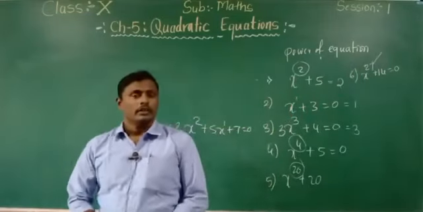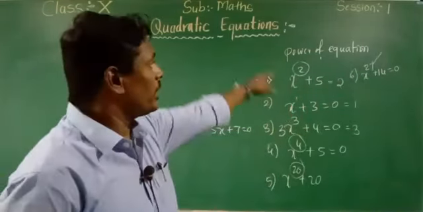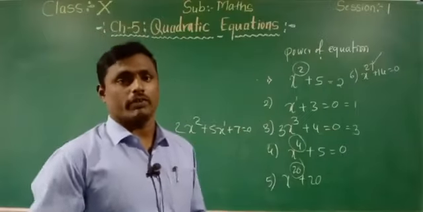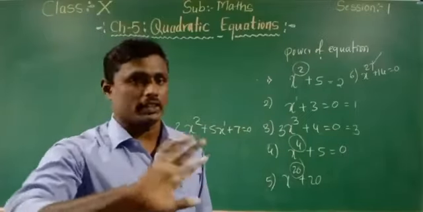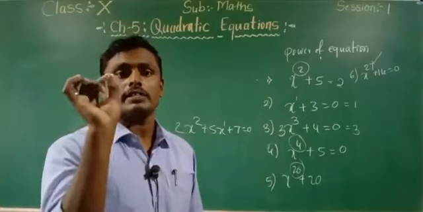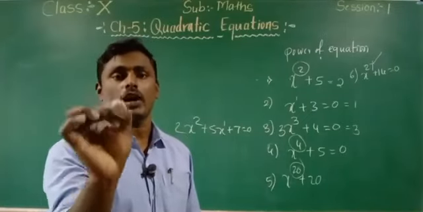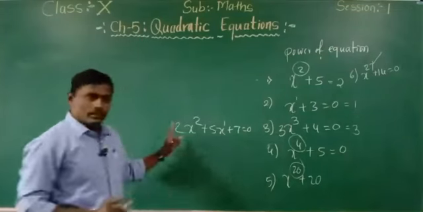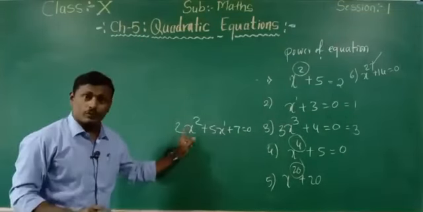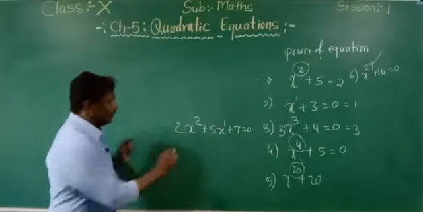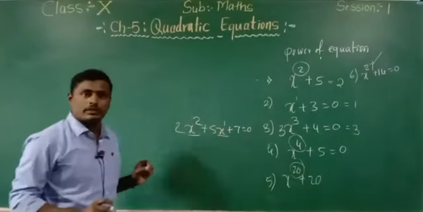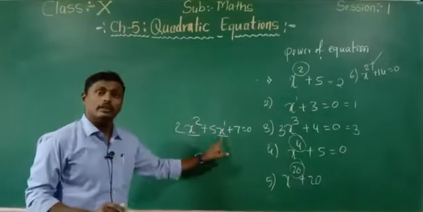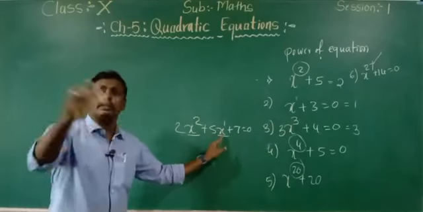Now you are getting some ideas about the power of equation. Power of equation is nothing but the highest exponential value of the variable. For example, here I will take two variables, x and x, the two variables having different powers.